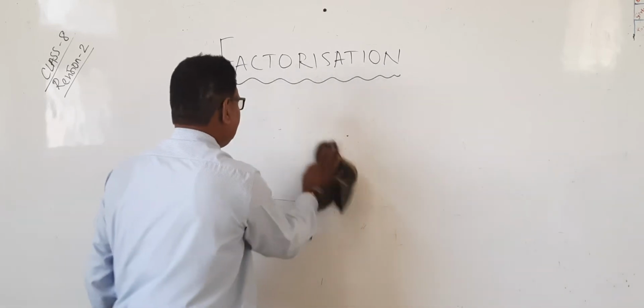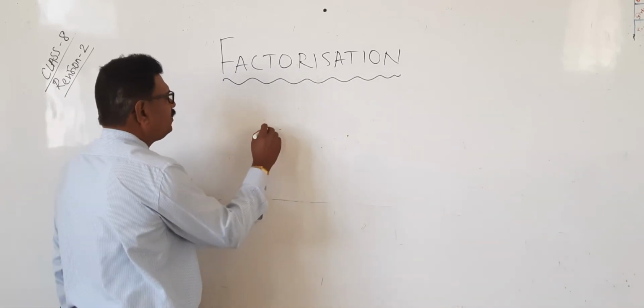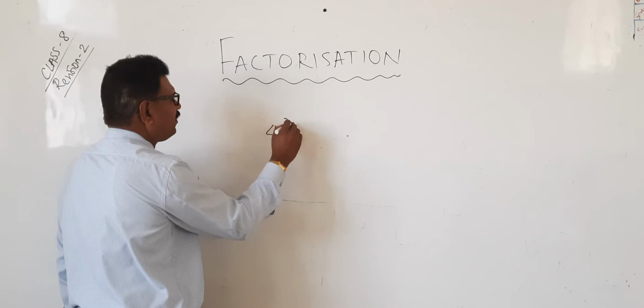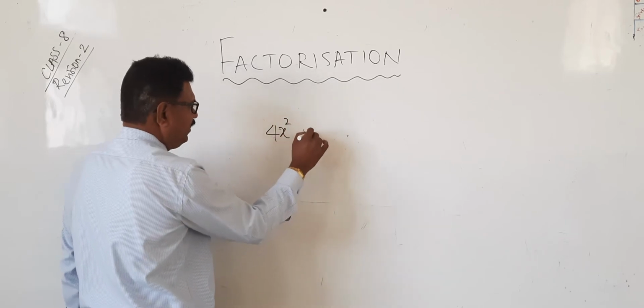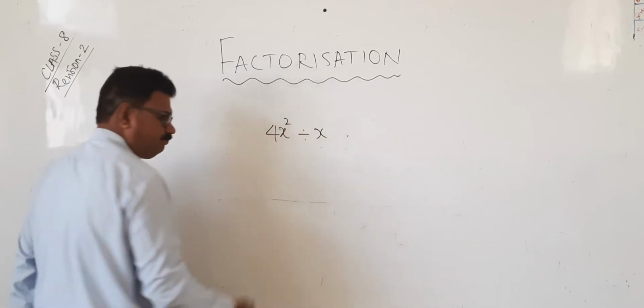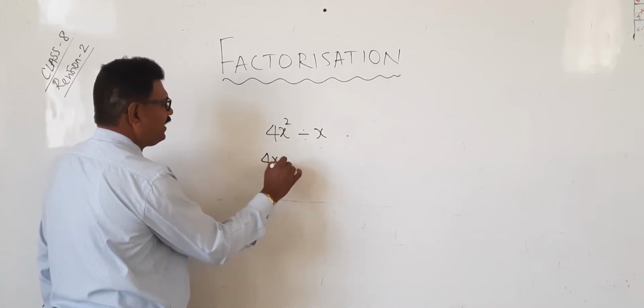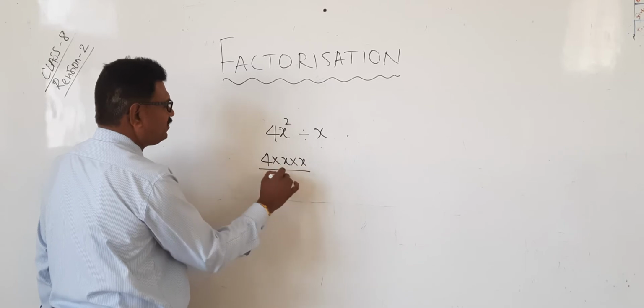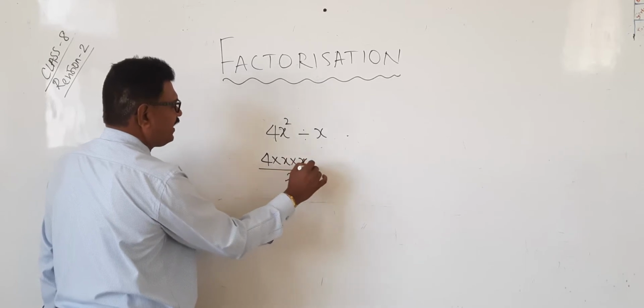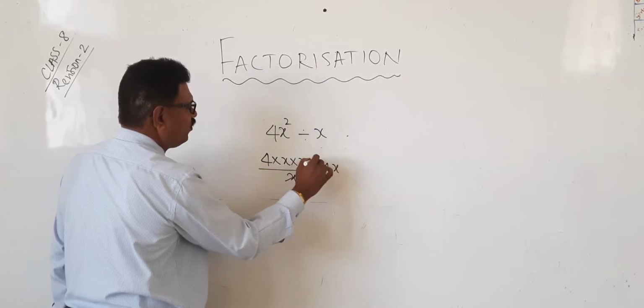See, for example, 4x square is there. If it is divided by x, what will happen? 4 into x square can be written as 4 into x into x divided by x. X cancels. What is the answer? 4x.